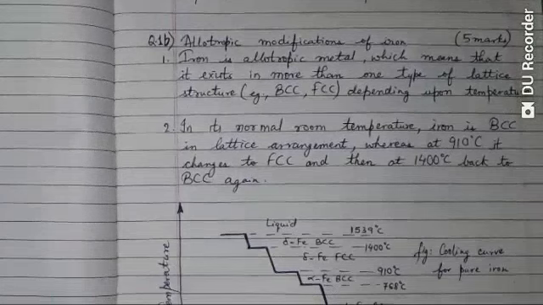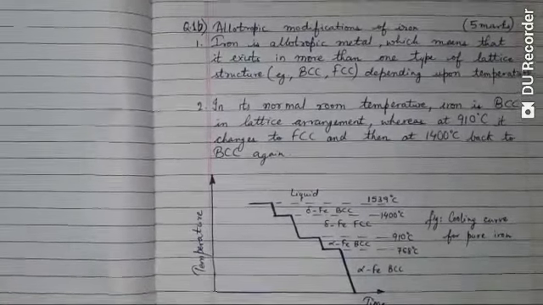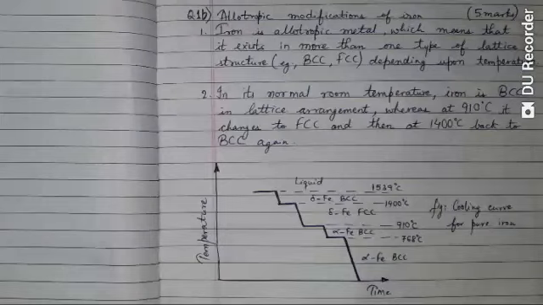Question number 1B, that is the allotropic modification of iron, that is for 5 marks. Here iron is allotropic metal, so which means that it exists in more than one type of lattice, that is structure, that is BCC, that is body centric, FCC, that is face centric, depending upon the temperature.